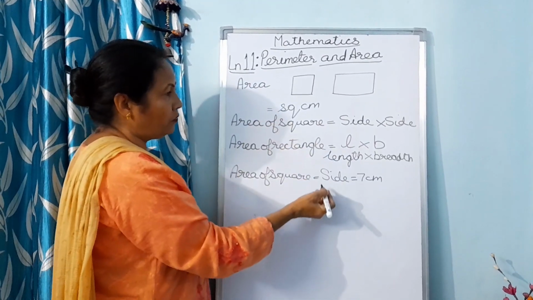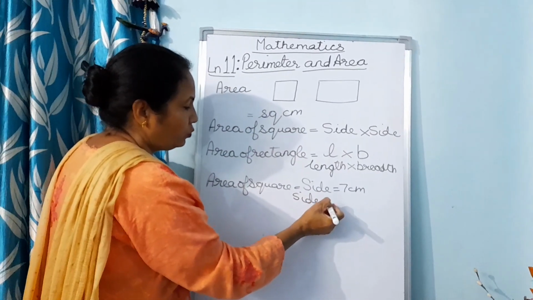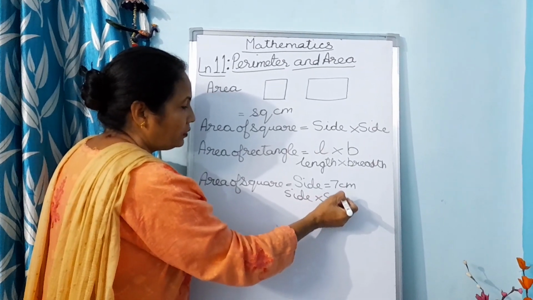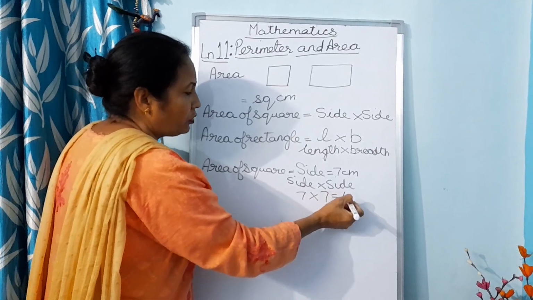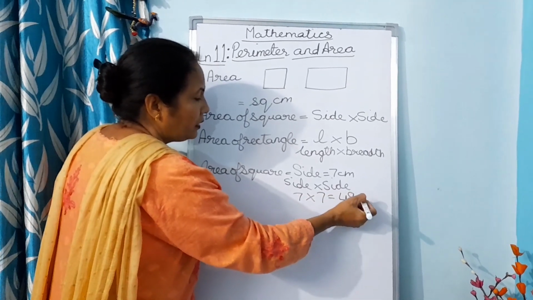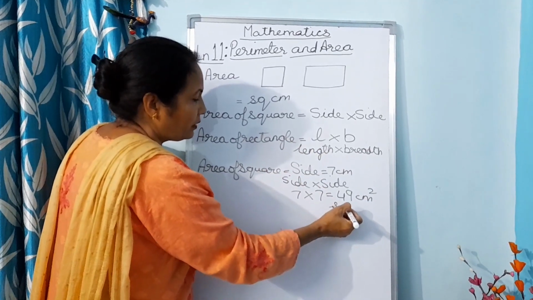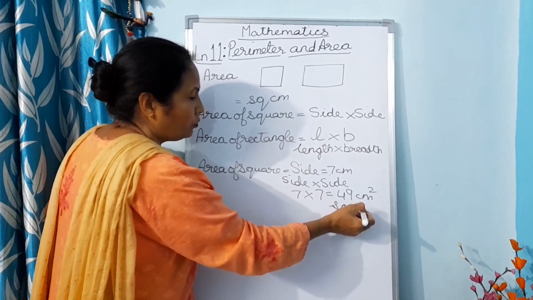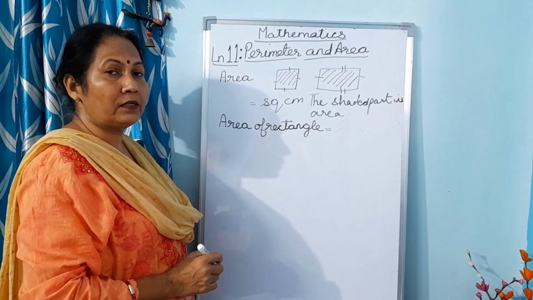Now you will write the formula side into side and you will write 7 into 7 is equal to 49 and you can write like this also and you can write like this also. Both ways are accepted.